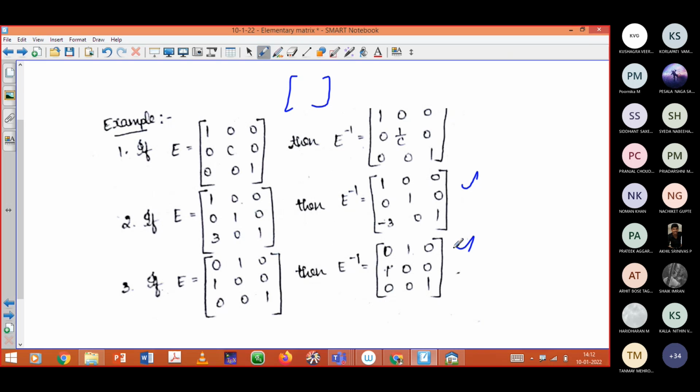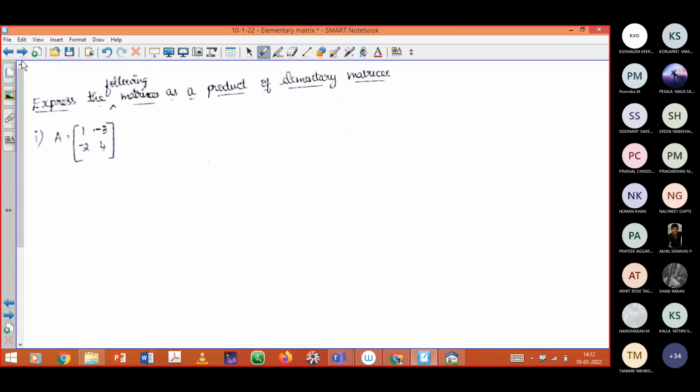Please don't worry even if you have not understood up to this. You can definitely understand it through this problem. The question can be asked in that manner only: express the following matrices as the product of elementary matrices.